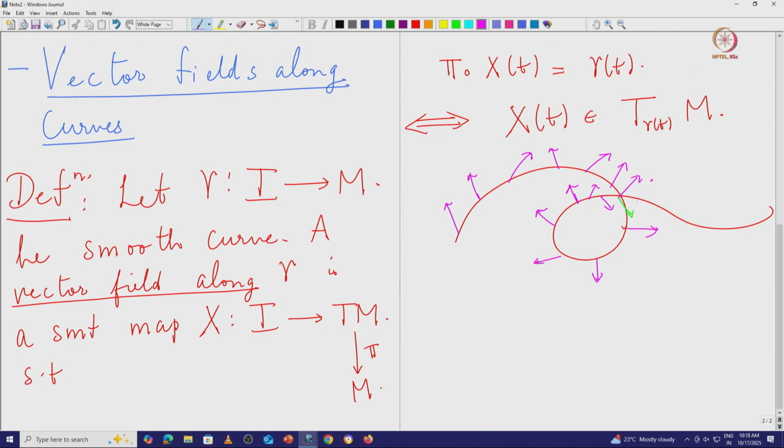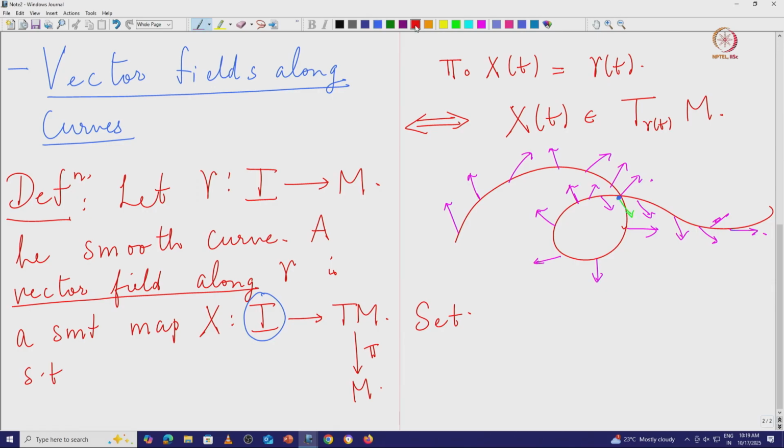Something like this, and then it continues. So this is a picture of a typical vector field along a curve. The only thing you need to be careful of is that when your curve intersects itself and you come back to the intersection point, the vector field might now have different values, because the vector field is a map on I, not on the image of the curve. This is an important point to keep in mind.